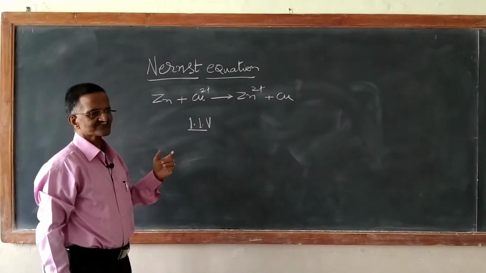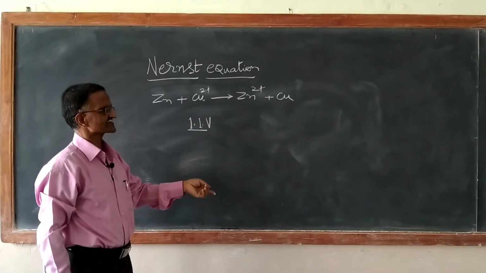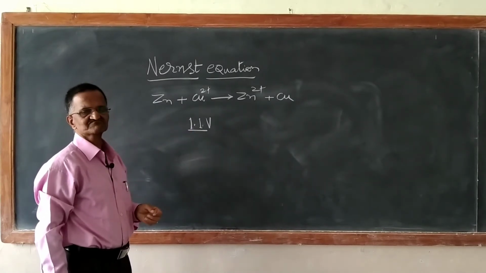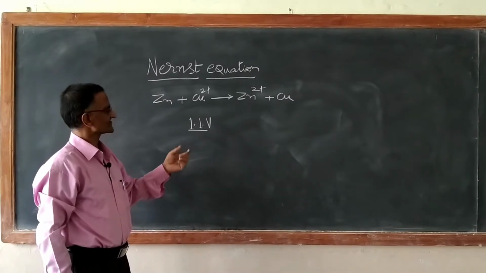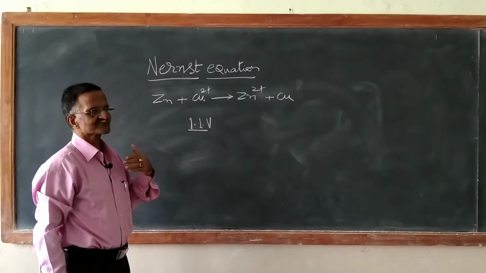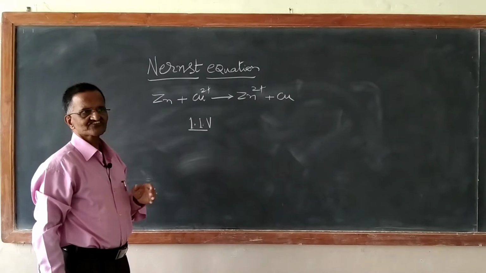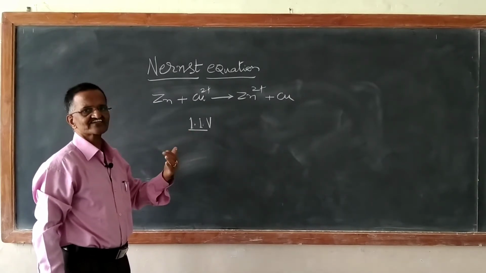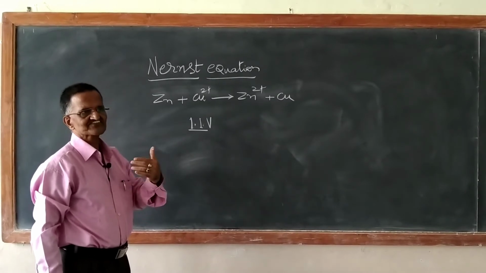I have this electrochemical cell, the salt bridge is there, everything is there. Will I get 1.1 volts? No, I will not get 1.1 volts continuously. With time, the voltage I derive will go on decreasing, and at one point in time it becomes 0.